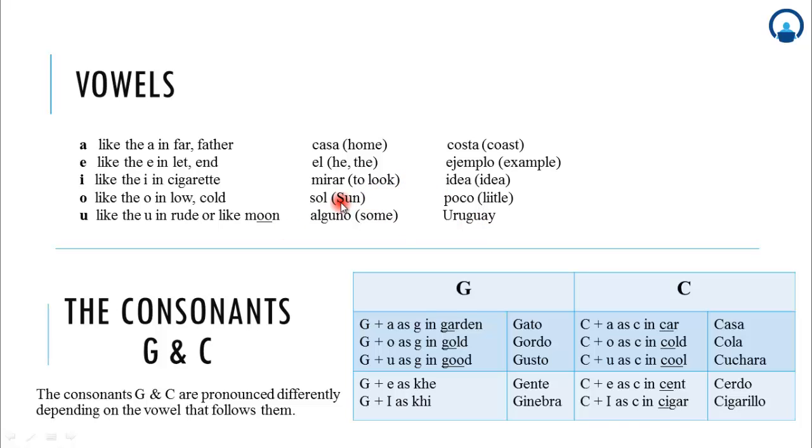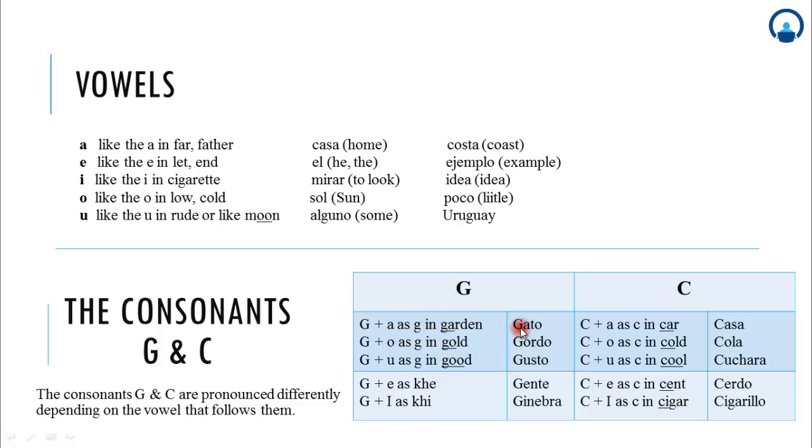There are 2 consonants in Spanish which have special rules for themselves, the consonants G and C. Now we have a table over here to demonstrate what those rules are. If you see the letter G followed by A, it is pronounced as ga.